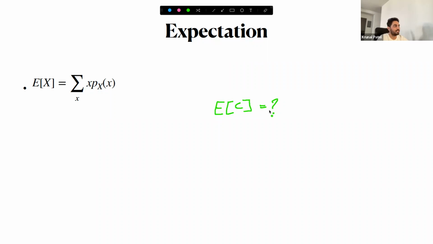Some of them are saying the constant itself. All you have to do is put this constant function in this formula. The people who said 0 are wrong, and let's see why. People who say it's the constant itself are right. So let's see.